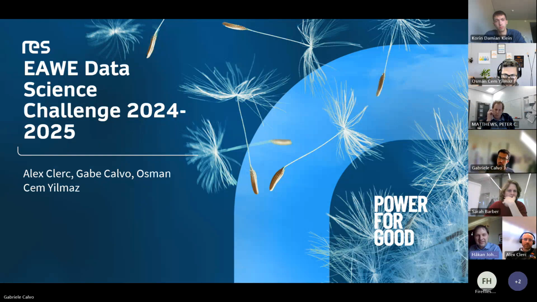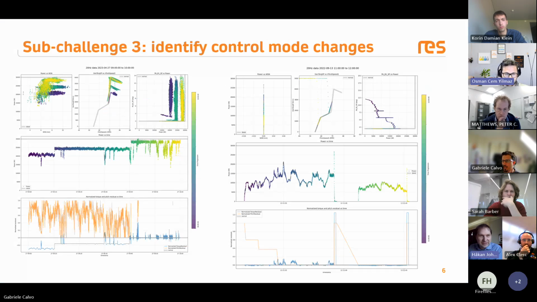Just a very quick question. You sent out a PDF before, and then you presented now, and then you uploaded on the WeDoWind site. I noticed that you show different days of the data as example results. Yes, for sub-challenges 1, 2, and 4.